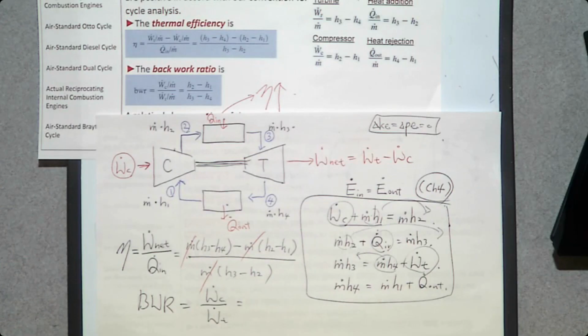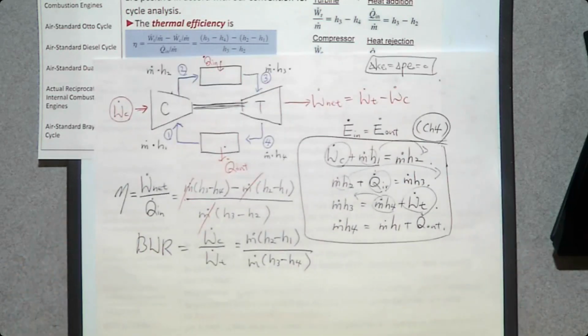If you move this one to the right-hand side, it's going to be m dot (h2 minus h1). What about turbine power? It's right here. If you move this one to the left-hand side, m dot (h3 minus h4). So this one slide has every thermodynamic analysis that you need to know about this Brayton cycle.